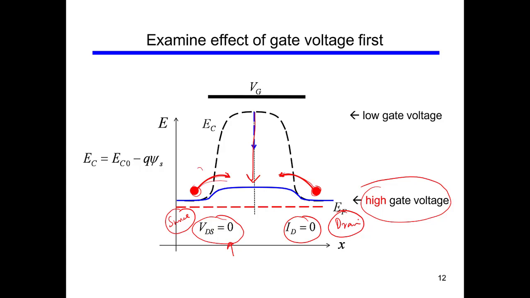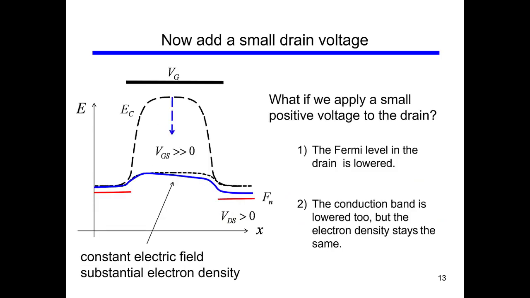Although some random electrons can go from here to here and some random electrons go from here to here, the net flow of electrons in both directions is 0. So because VDS is 0, there is no potential difference, and the current is 0. So what is the effect of a high gate voltage? It just lowers the potential hill for electrons.